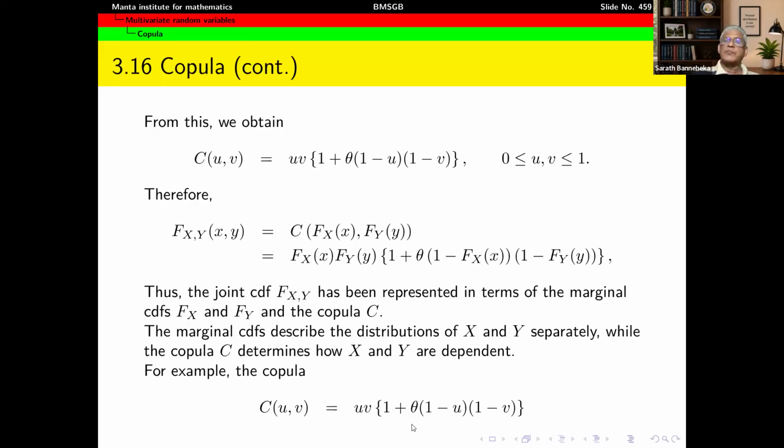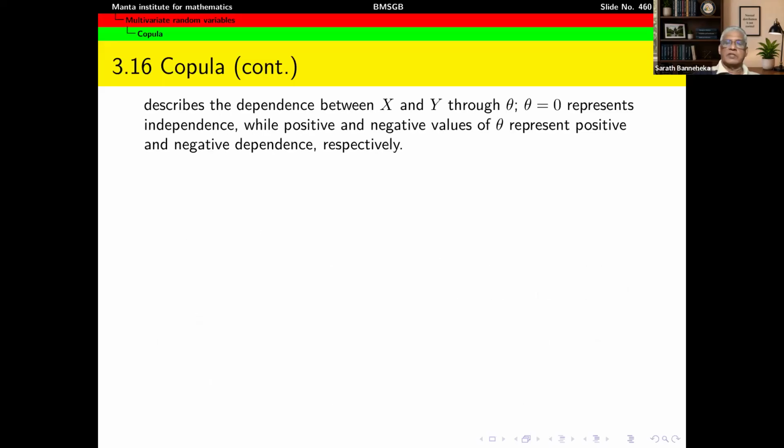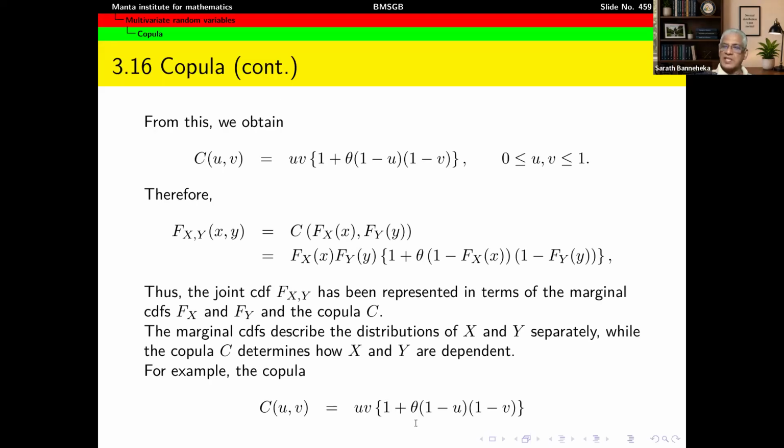I have not done that part, but we can identify that. So therefore, you can see that in this copula, the dependence between u and v is described through theta.